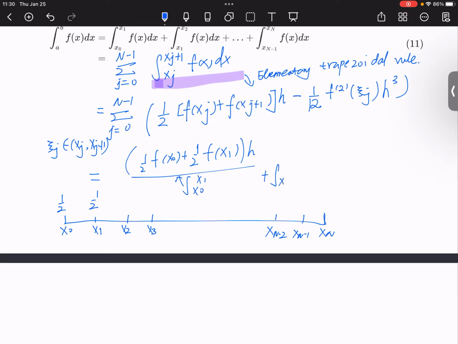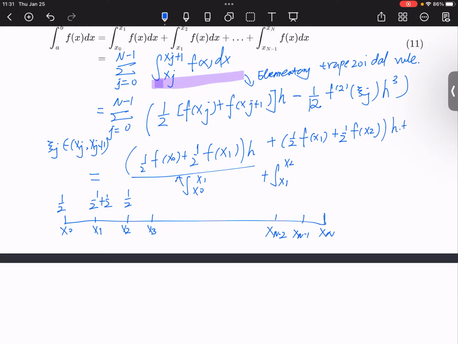And then for the second interval, I'm integrating from x1 to x2. For this one, I have one approximation term, f(x1), plus 1/2 f(x2), which means I have one more coefficient of 1/2 for x1, and I also have the 1/2 h.